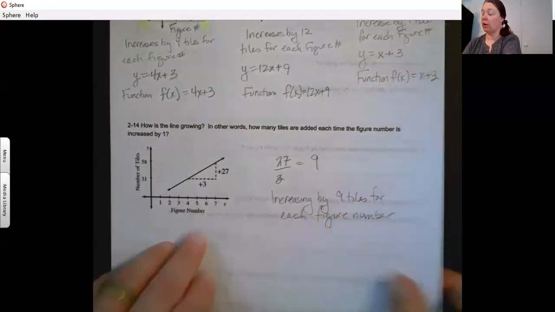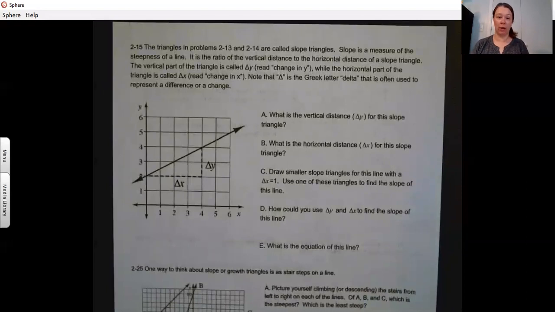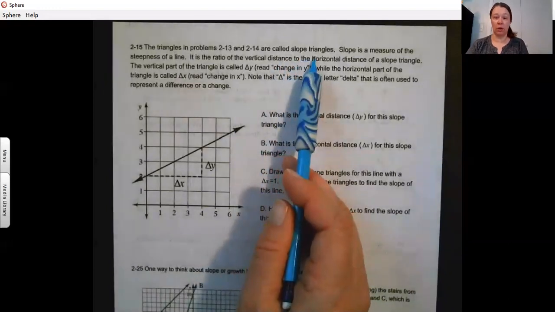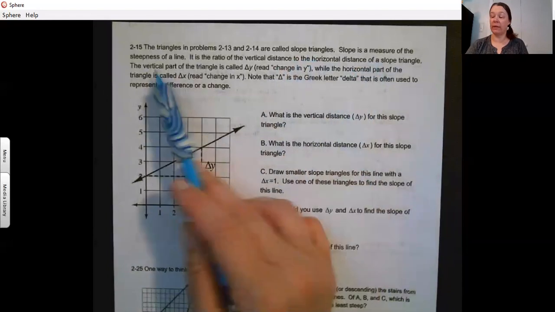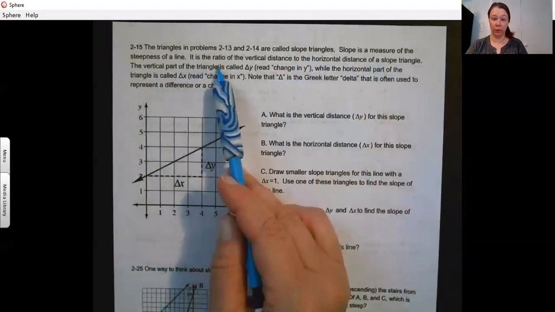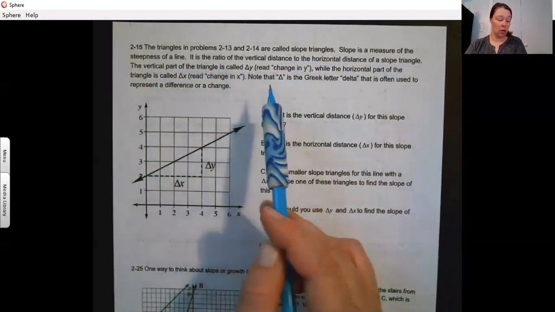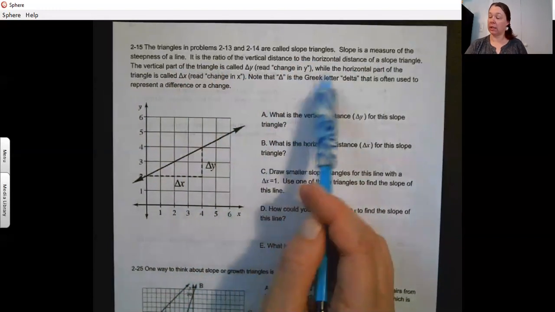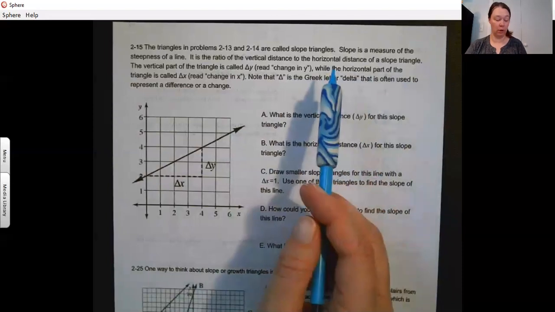Okay, so now this idea with these triangles that I've drawn that we looked at in each of those examples 13 and 14: the triangles are called slope triangles. Slope is the measure of steepness of a line. It's the ratio, so ratio means a fraction, comparing the vertical distance to the horizontal distance of a slope triangle.